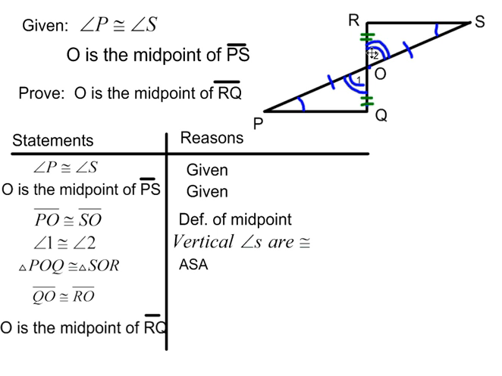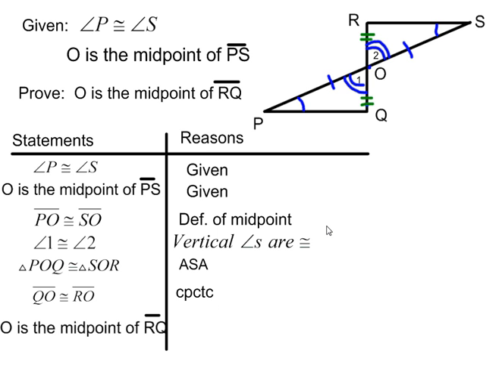Look, we just proved that triangles are congruent, and corresponding parts of congruent triangles are congruent, and those segments RO and QO are exactly corresponding parts. That's why the reason would be this abbreviation, CPCTC, that stands for corresponding parts of congruent triangles are congruent.